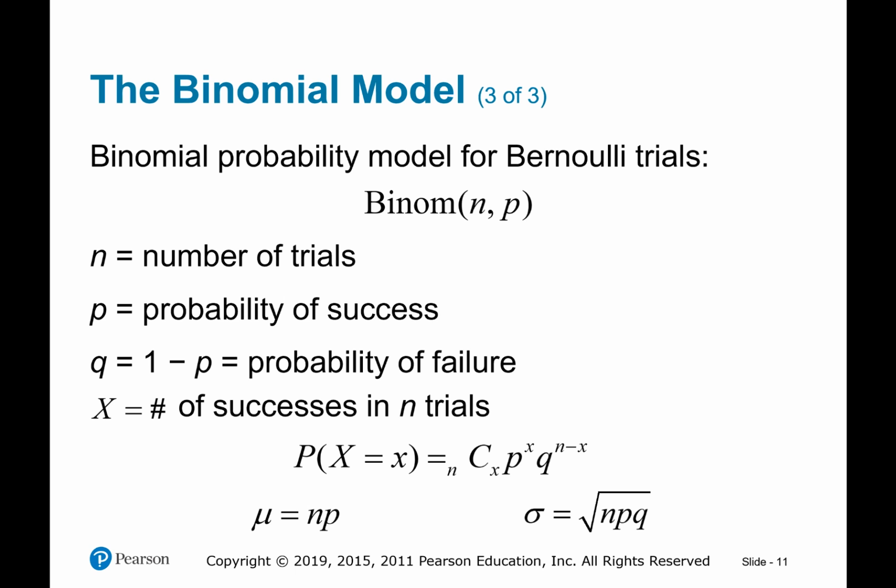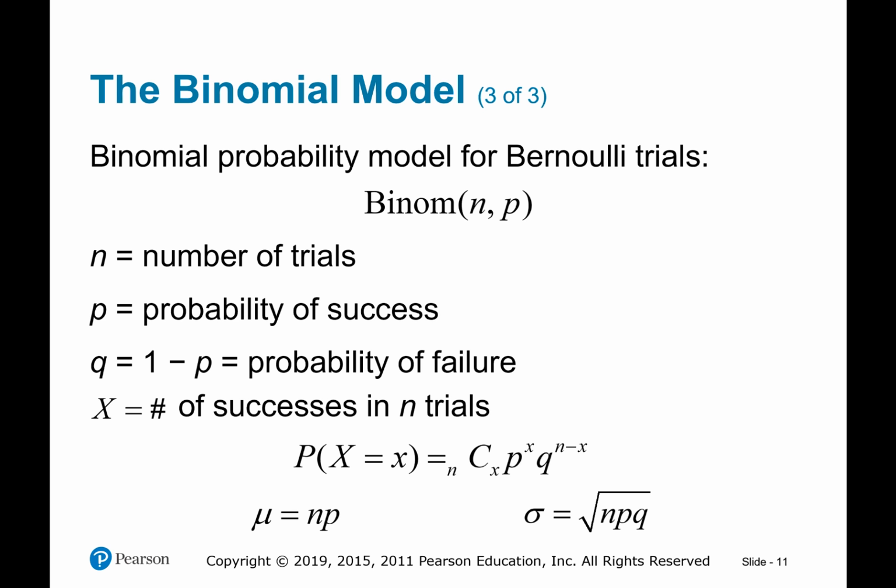So to find our probability here, you're going to multiply 3 things. First of all, you're going to find that combination of n choose x. We're going to multiply that by the probability of success raised to the x power, then multiply by the probability of failure raised to the complementary n minus x.